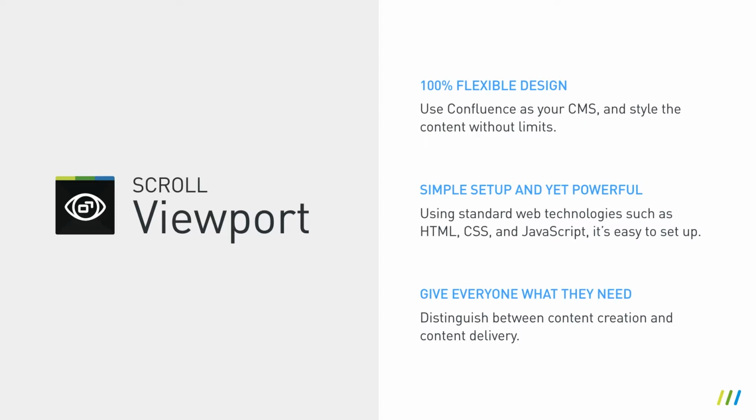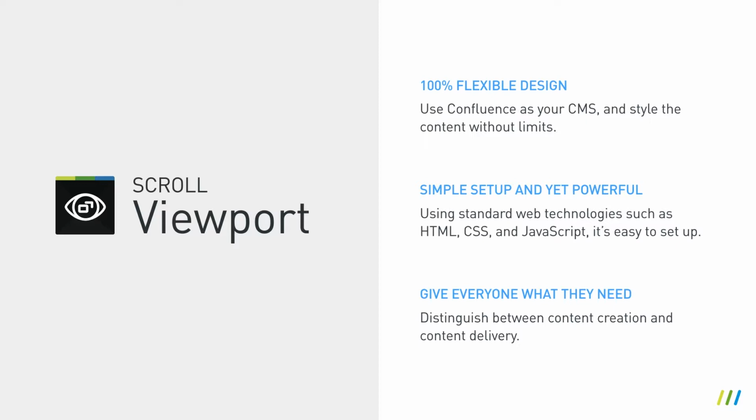And that's the main differentiation between standard theming add-ons and Viewport: Viewport provides a separate view to the content, a viewport, so to say. And this viewport is super powerful because it uses standard web technologies like HTML, CSS, and JavaScript.